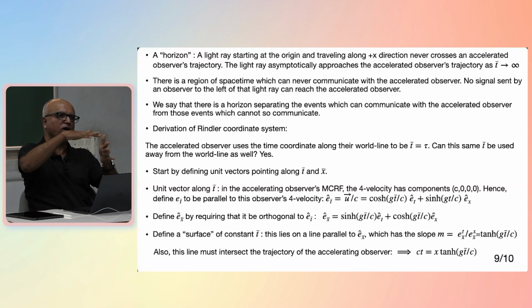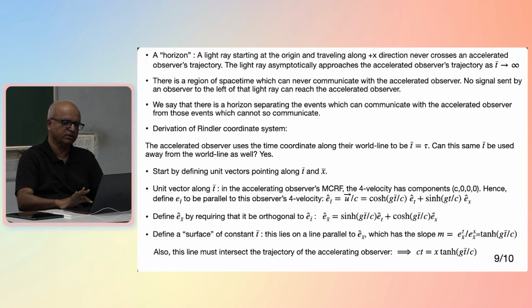Obviously, no. A constant t bar surface is parallel to the x axis, which is now x bar. E x has a slope in the t x plane, that will be the slope in the t x diagram, E t by E x, which is tanh of g t bar by c, just this. So, my surfaces of constant t bar are lines with this slope in the t x diagram.